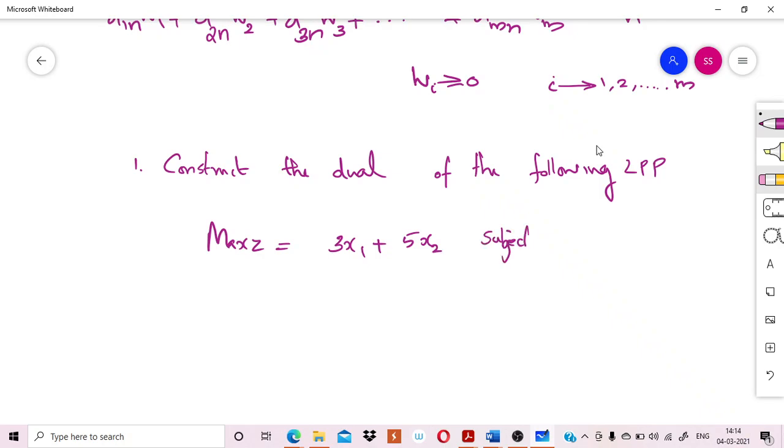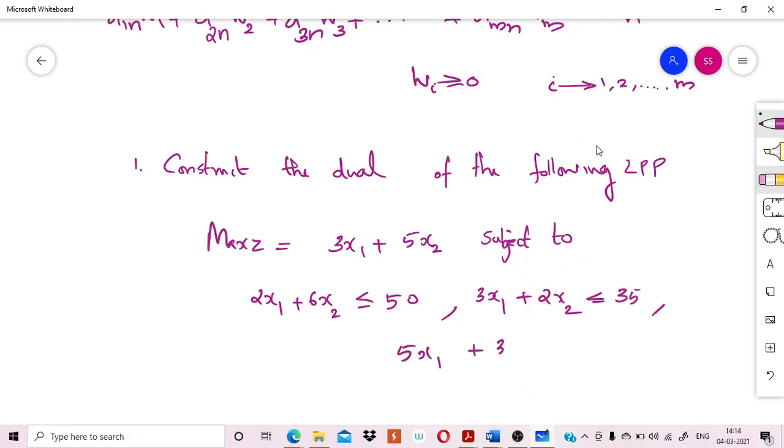Subject to constraints 2x1 plus 6x2 less than or equal to 50, and we have 3x1 plus 2x2 less than or equal to 35, and 5x1 plus 3x2 less than or equal to 10, then x2 less than or equal to 20, then x1, x2 greater than or equal to 0.